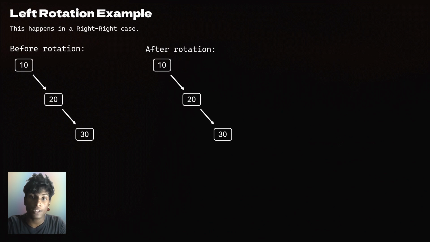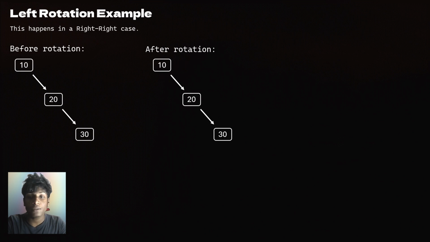Next, 30 is greater than both 10 and 20, so it also goes to the right side. Before rotation, the tree looked like this: 10 at the top, 20 on the right, and 30 again on the right side. So the tree becomes unbalanced because all nodes are on one side.